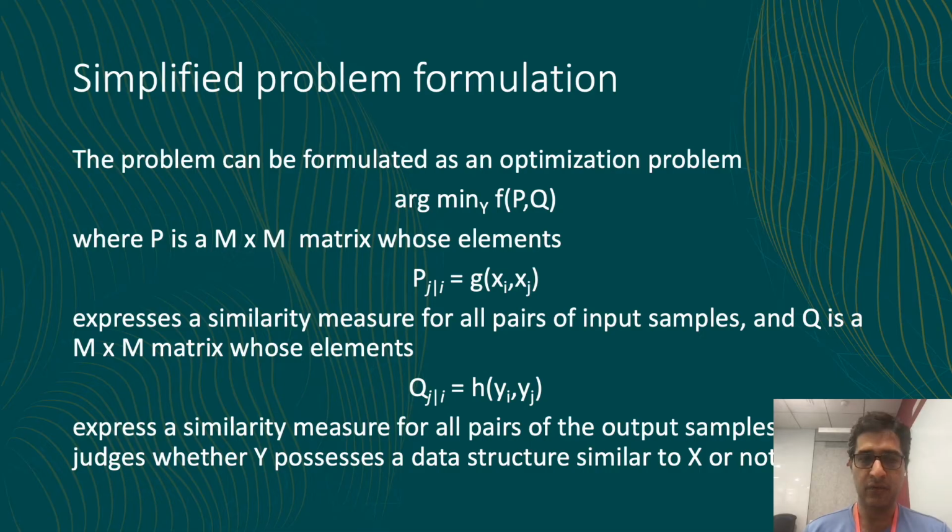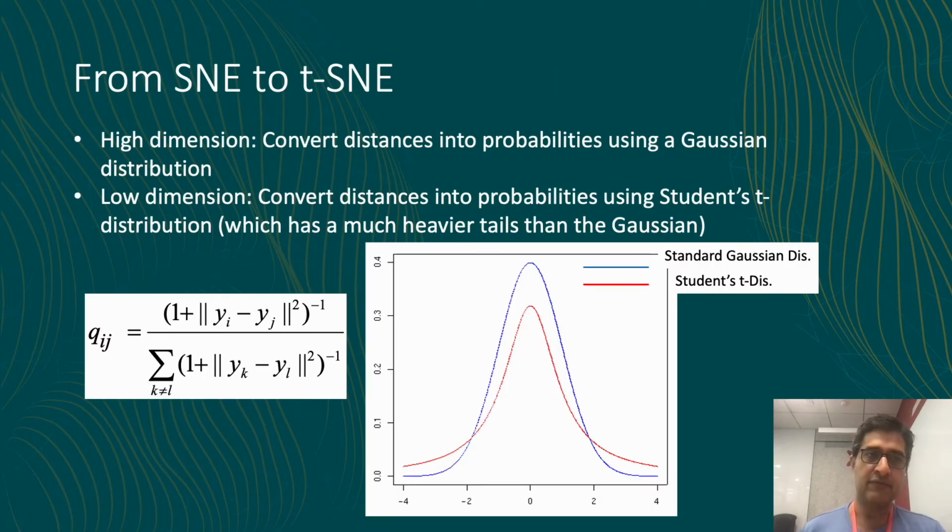The matrix Q denotes the probability of picking J given I in the lower dimensional space. And then what you're doing is defining a metric between the matrix P and matrix Q to make sure that they are similar to each other, right?